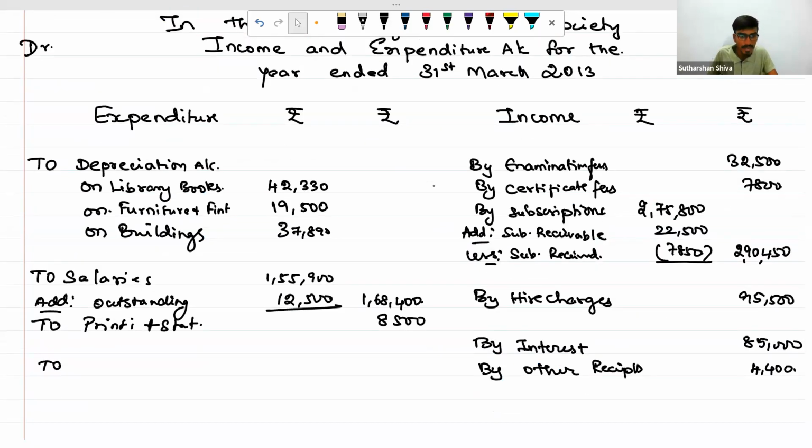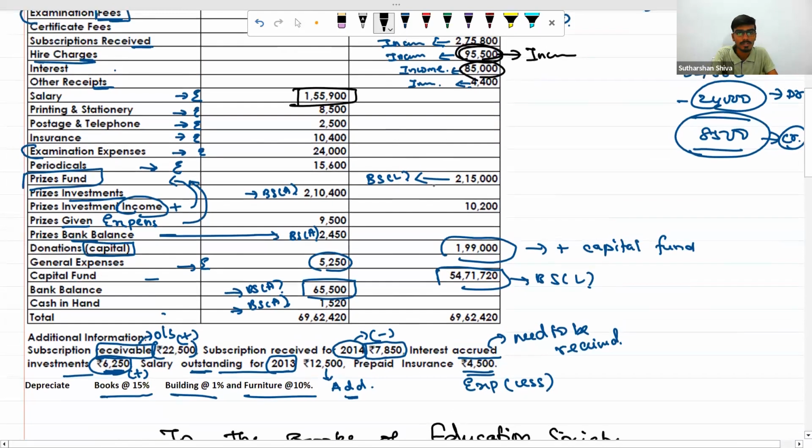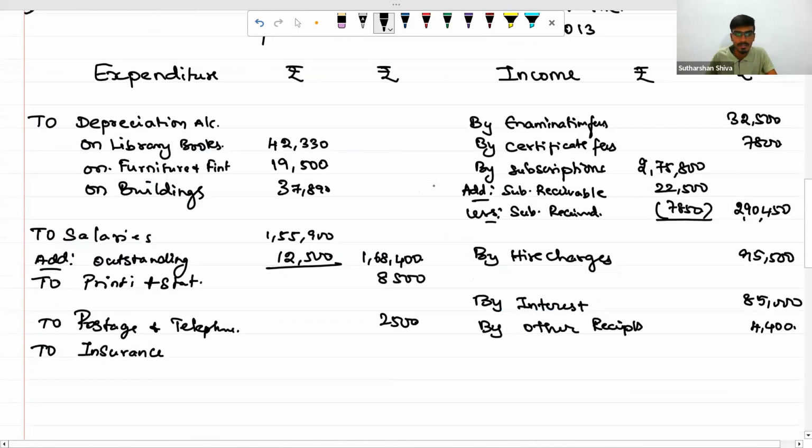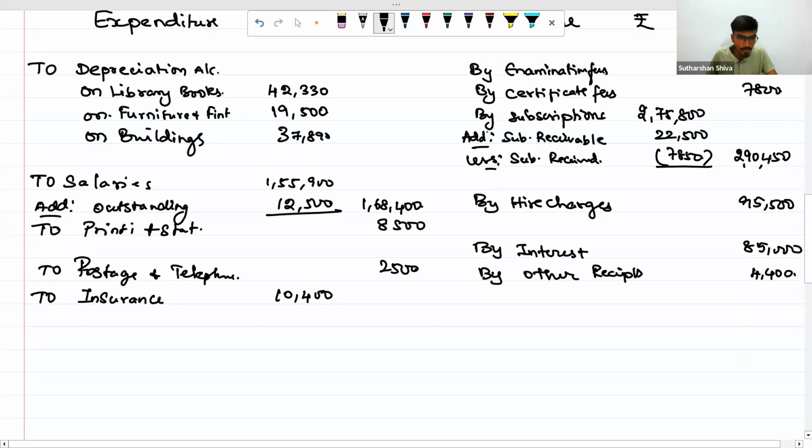Next, we are having to postage and telephone 2,500. Next, we are having insurance. What is the insurance value? 10,400. 10,400 less prepaid.